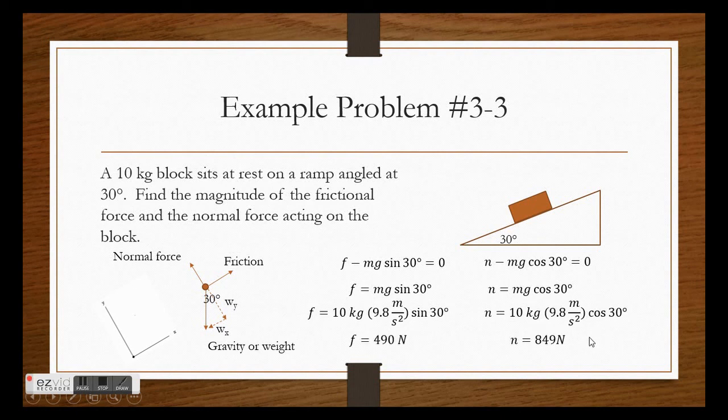And so if I work those out, m times g, we get 490 and, oh, excuse me, it should be 49 and 84.9, I believe, not 490, 849. So a little mistake here, it should be 49.0 and 84.9. 10 times 9.8 is 98, not 980. So there we go, we got our 2 forces, and we got our magnitudes, and we know our directions.